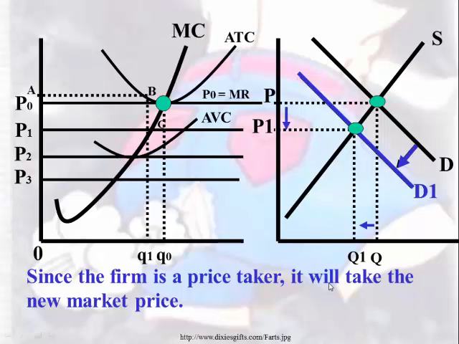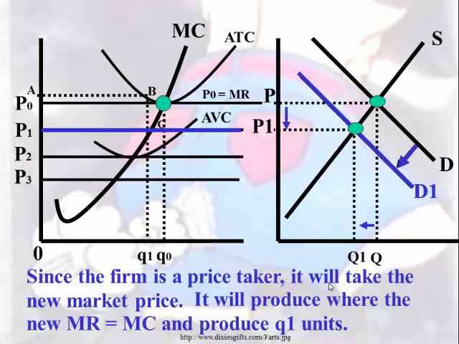We know it's allocatively efficient where consumer and producer surplus is maximized, and it is also allocatively efficient at this point where the price is equal to the marginal cost.